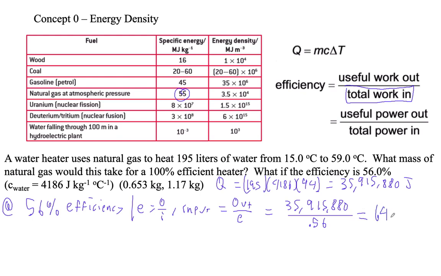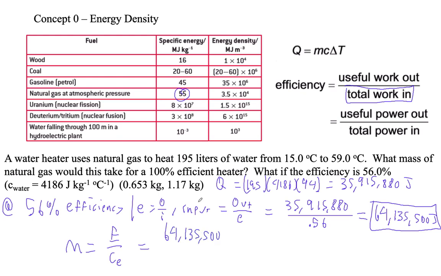So now we need more energy. 64,135,500 joules, that's the energy we now need to get from natural gas. So the mass is going to be energy divided by specific energy: 64,135,500 joules divided by 55 times 10 to the 6th joules per kilogram.